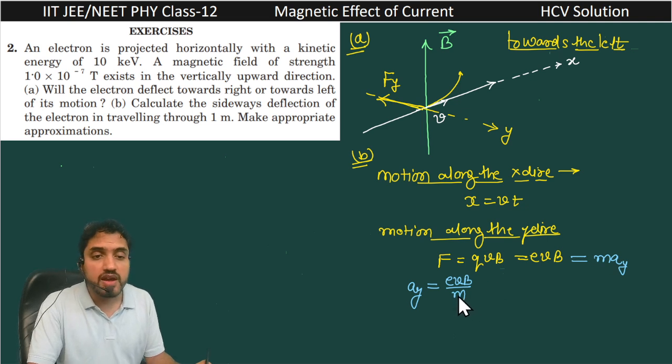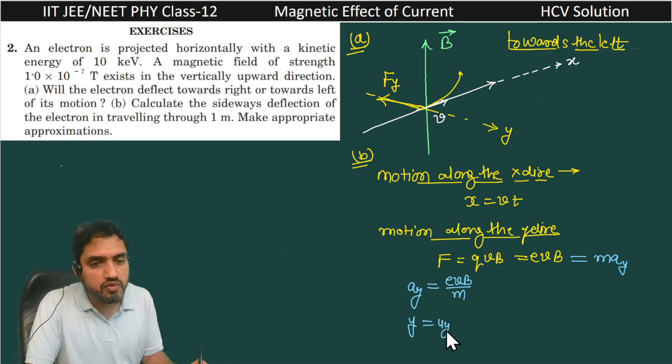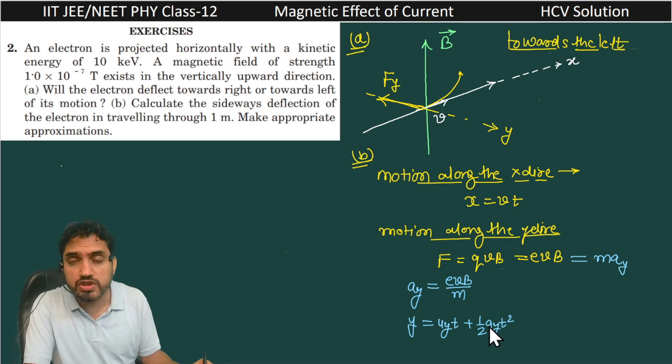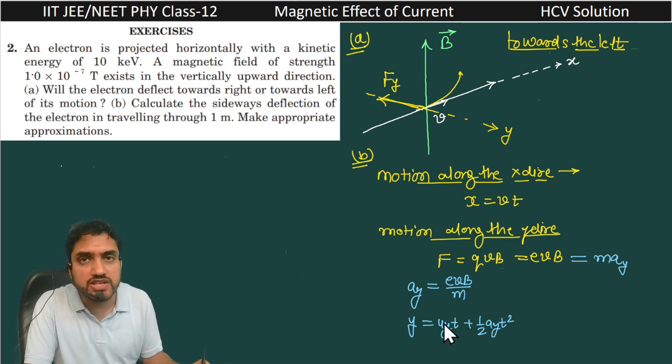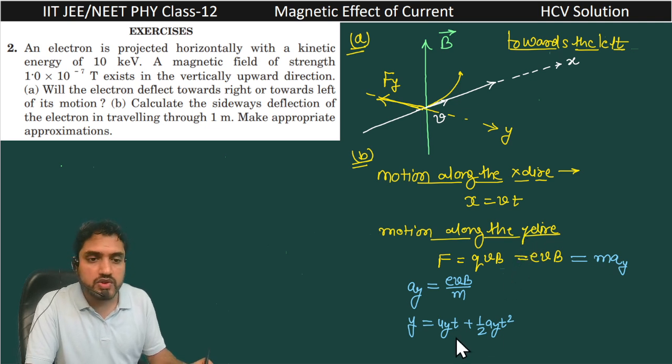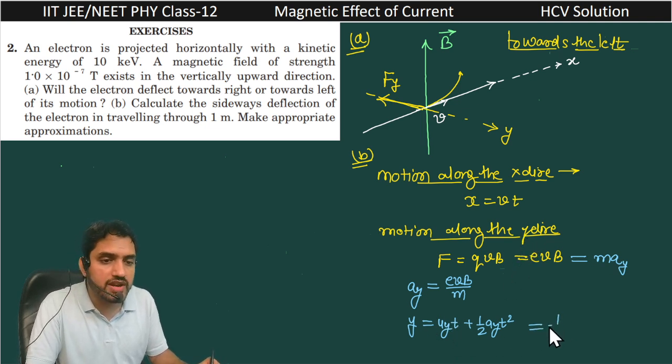Now for the displacement in the y direction, you can write y is equal to uy t plus 1 by 2 ay t square, because it is uniformly accelerated motion. But the initial velocity in the y direction is 0 because it is initially moving only along the x axis according to our reference frame. So uy is 0, and y is 1 by 2 times evb divided by m into t square.